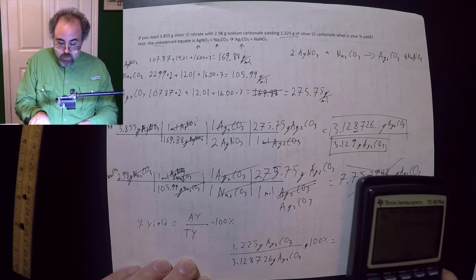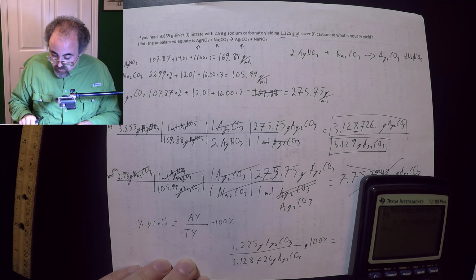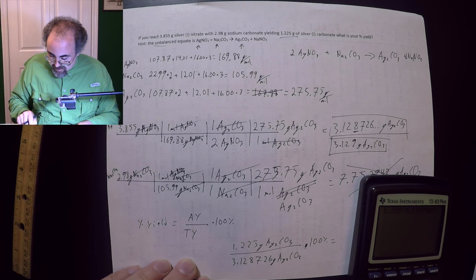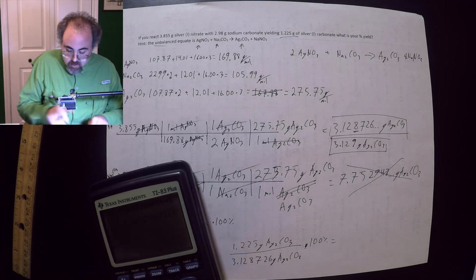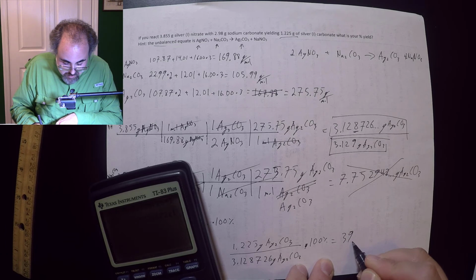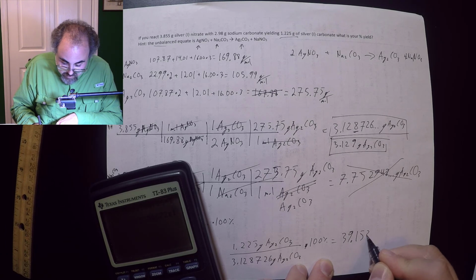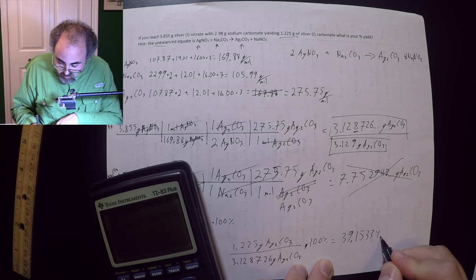Now I can get my number. So this time I can do 1.225 divided by 3.12876 times 100. This gives me a percent yield of 39.1533%.